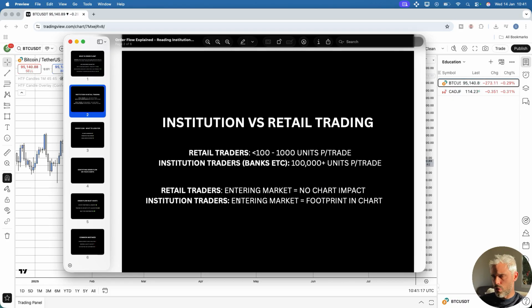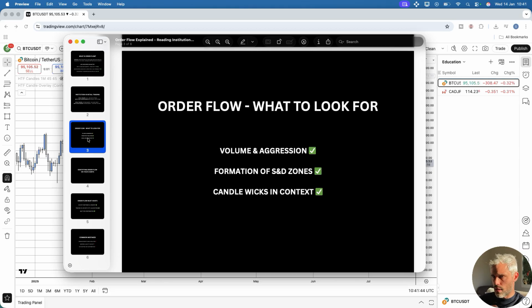If you're a big institution and you're looking to fill hundreds of thousands of units, the way that you would look to do that is start to accumulate your position in the market, show that aggression into the market because you're filling those orders, and then let price retrace back to another acceptable level that you then want to enter more position size. That just simply looks like demand or supply zones being created, price moving away from those zones, retesting them, and then moving in the same direction.